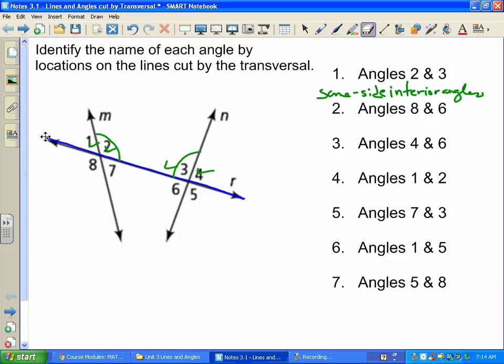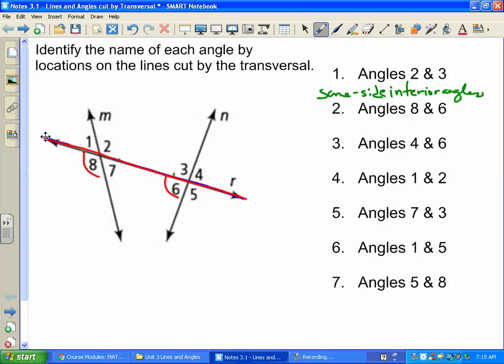Now let's look at our next set of angles. Angle 8 and angle 6. With angle 8 and angle 6, and our transversal still in the same place, they are not both on the inside of our two lines. They are both on one side though.